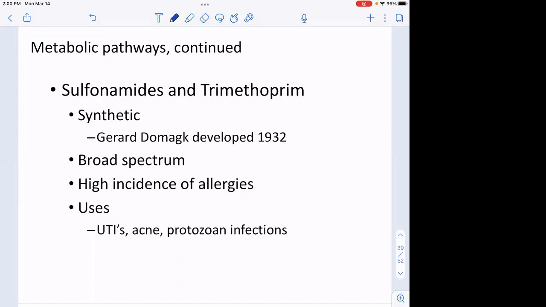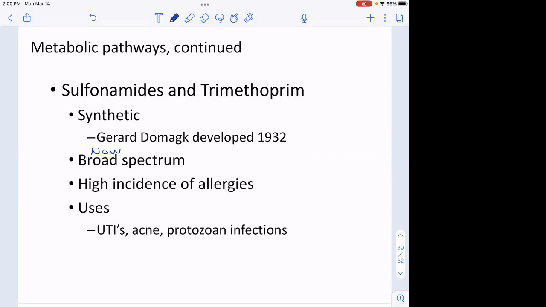Now sulfa drugs are a little bit more broad spectrum. They're not used a whole lot because we have a higher incidence of allergies to them, even more so than beta-lactam drugs like penicillin. Somewhere between 3 and 10% of us, it's estimated, are allergic to sulfa drugs. So they're generally not the first thing that's prescribed.